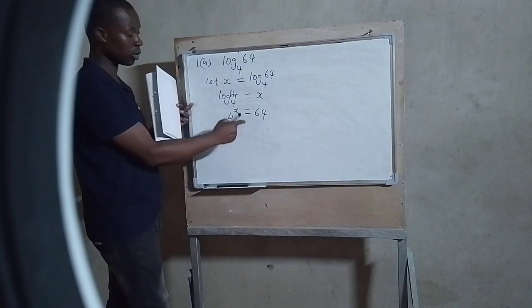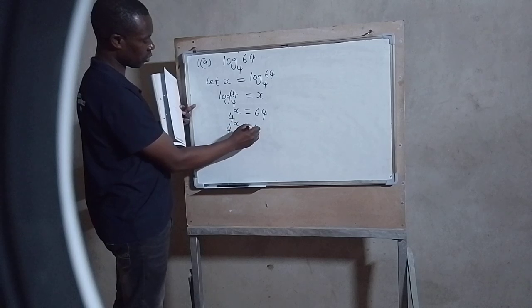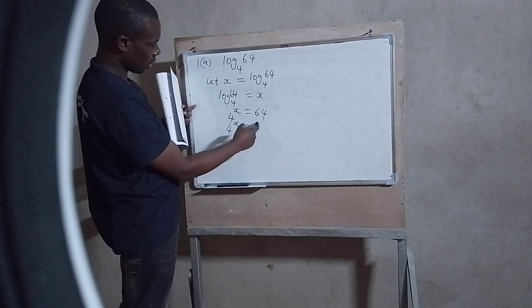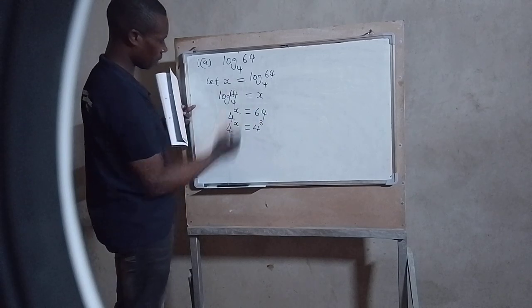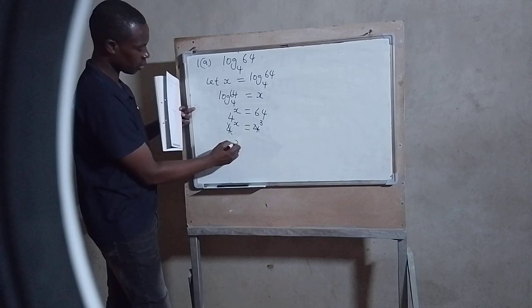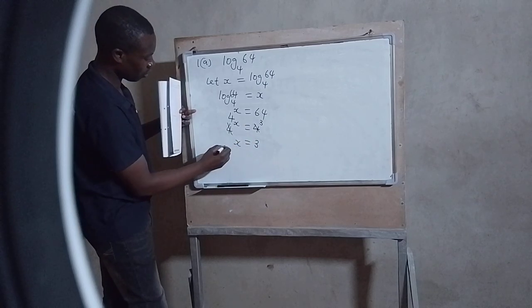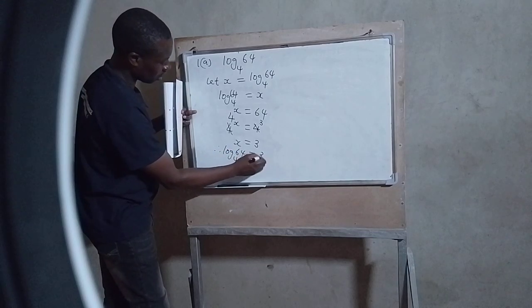Then we write 64 as a power of 4. 4 to the power x is equal to 4 to the power 2, 16, 16 times 4, so this is 4 to the power 3. Then the base and this base are equal, what it means is also the powers are equal. So x equals 3. Now therefore log 64 base 4 is equal to 3. And done.